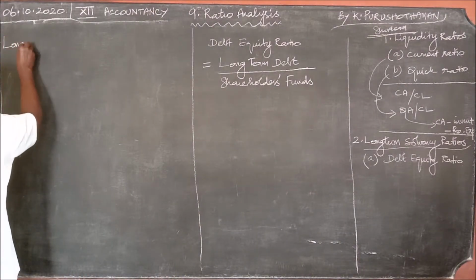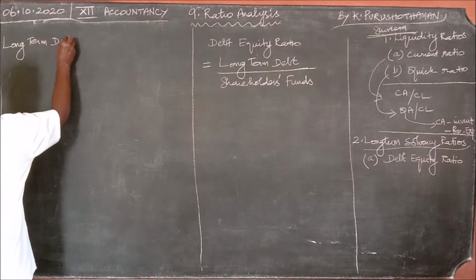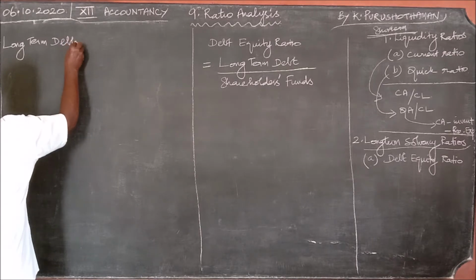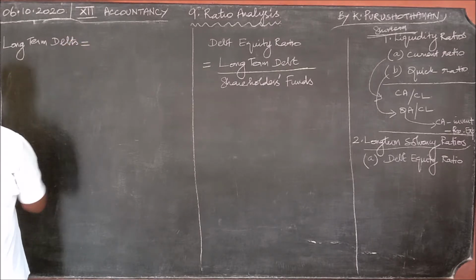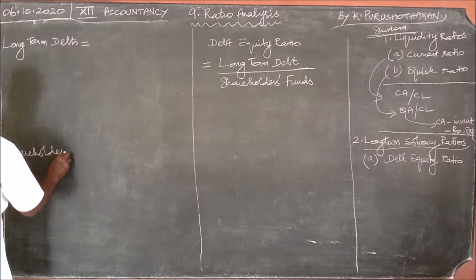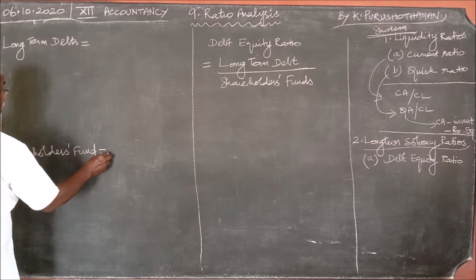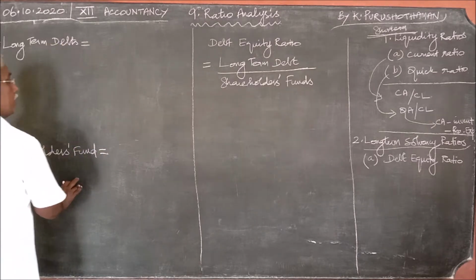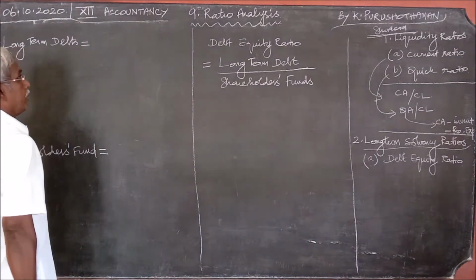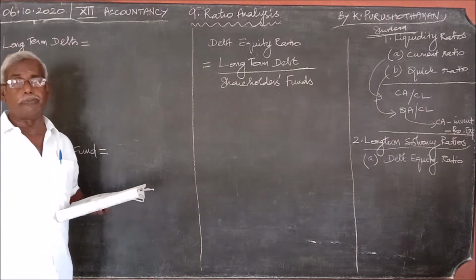We should find separately what are the long-term debts, and the next one is shareholders fund. We should find the answer for these two, then we can substitute there to find the debt-equity ratio.